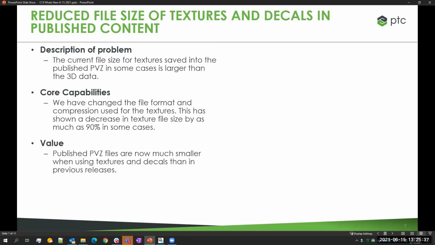We actually changed the file format to, I believe it was WebP, and applied a new compression algorithm to it. And so now those textures have been reduced by as much as 90%. Now, this is not that the PVZ is reduced by 90%. This is the textures that are saved inside of the PVZ file have been reduced by that amount.